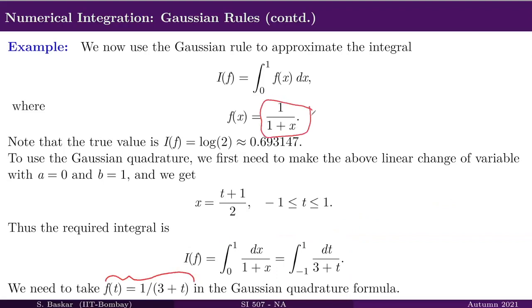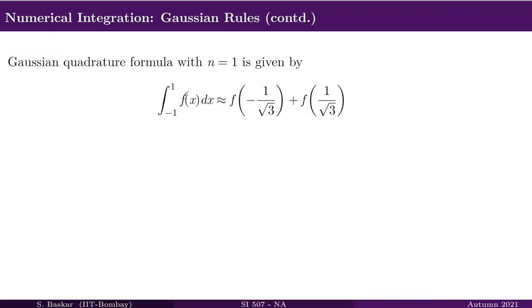Okay, so this probably I should have given a different notation. Say g, you have to apply the Gaussian rule for g of t, not for f of t. Okay, so g of t is 1 by 3 plus t. So we have to find the integral -1 to 1 g of x dx, and that is, let us take the Gaussian rule with n equal to 1, and that is given by g of -1 by √3 plus g of 1 by √3.